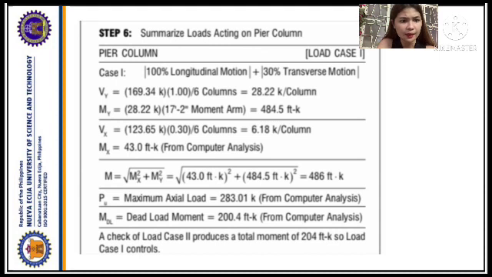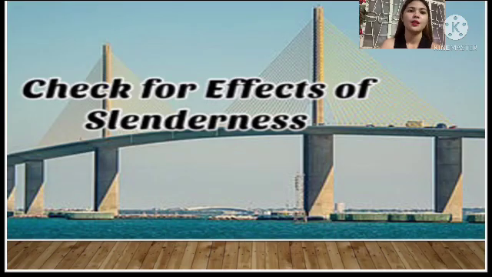Here is case 1, 100% longitudinal motion plus 30% of transverse motion. All in all, a check of load case 2 produces a total moment of 204 feet K, so load case 1 controls.